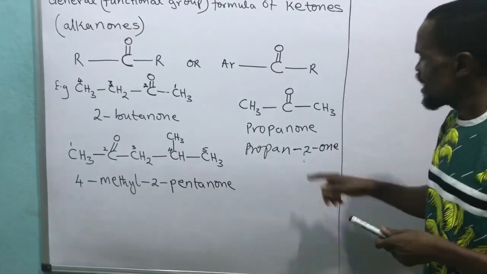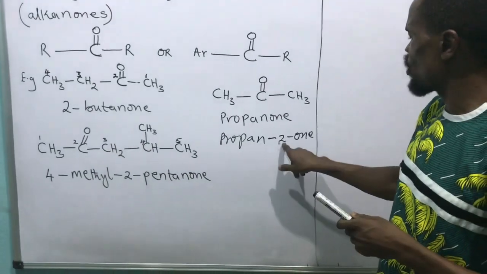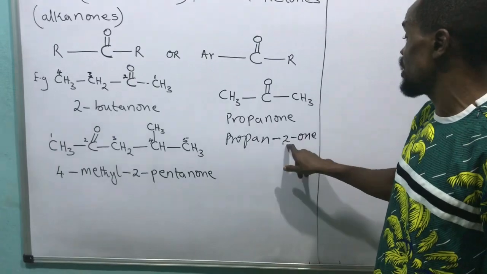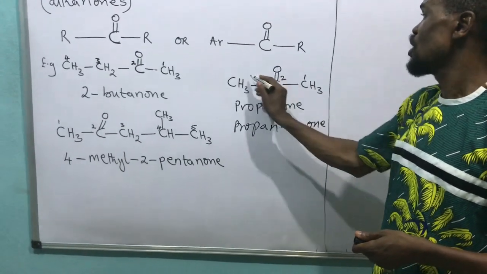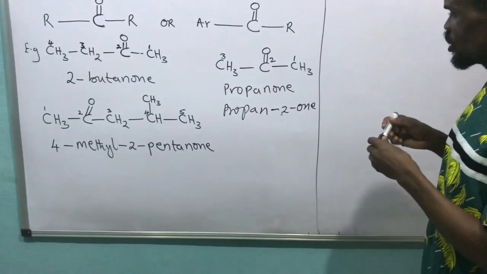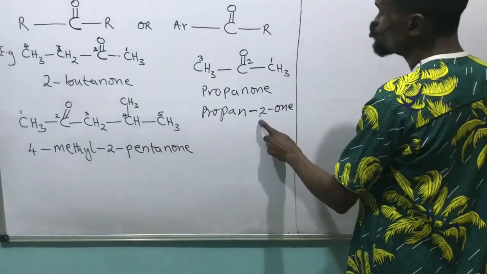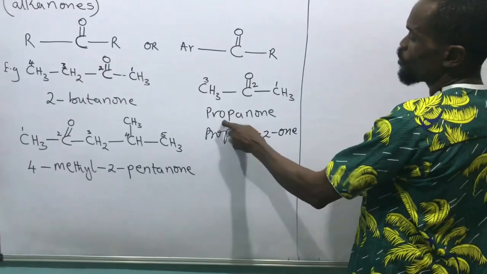What am I saying? I'm just telling you where the carbon carrying the functional group is, which is carbon number 2. Look at it: 1, here is 2, and here is 3. So I can call this propan-2-ol, or we call it propanol.